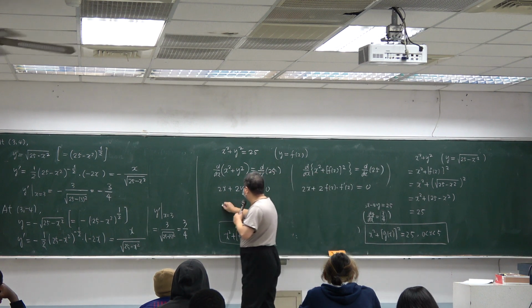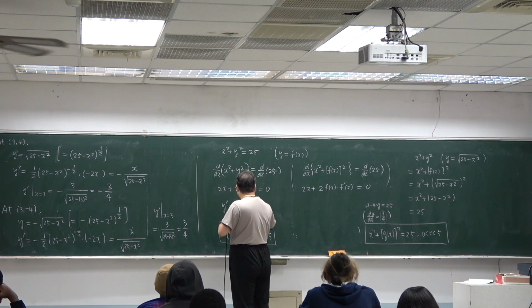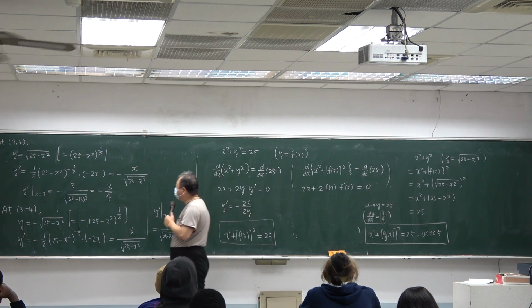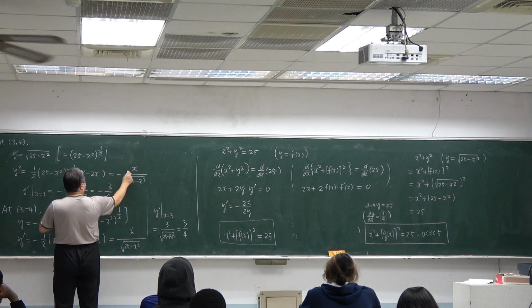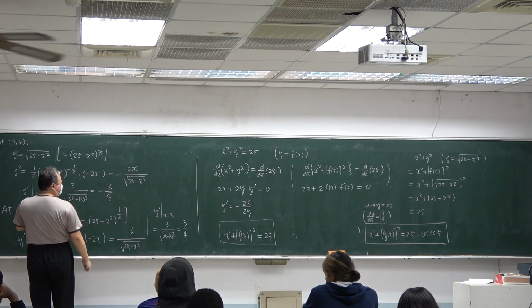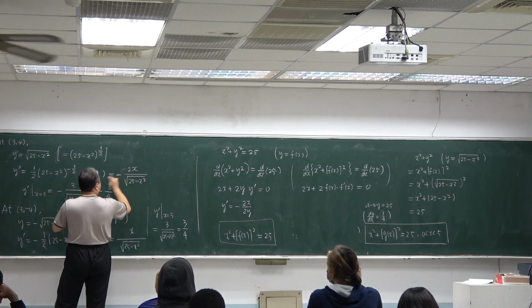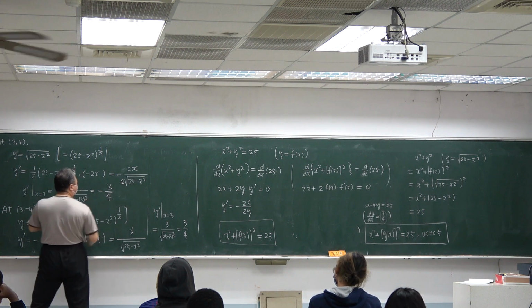So y prime equals minus 2x over 2y. This is exactly minus 2x over 2y.